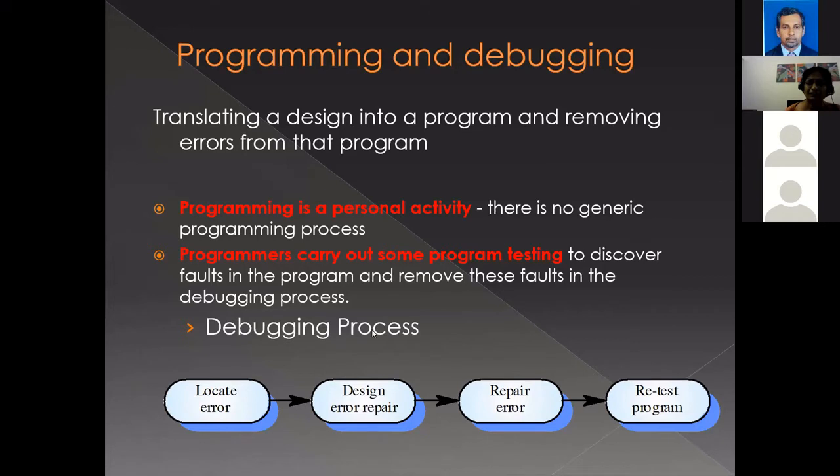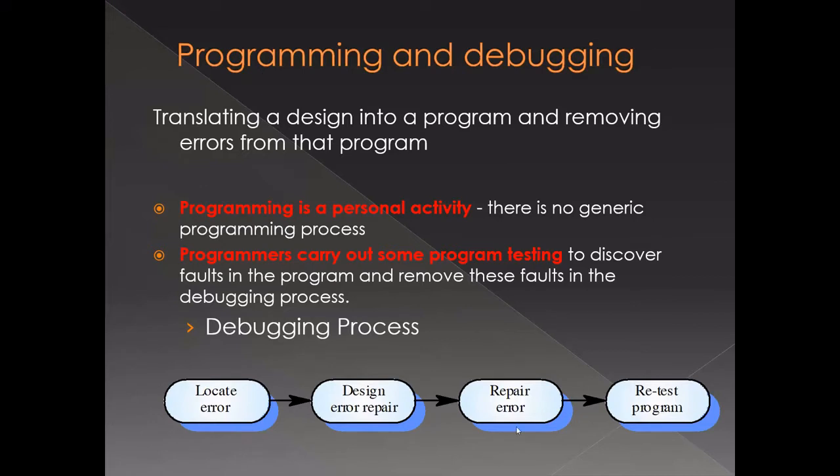And if we look at the debugging process, you have to go through the following stages. You have to first locate the error, then design how to repair the error, then repair the error, and then retest.